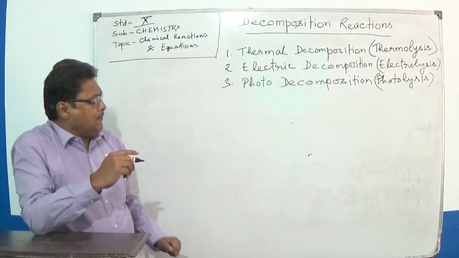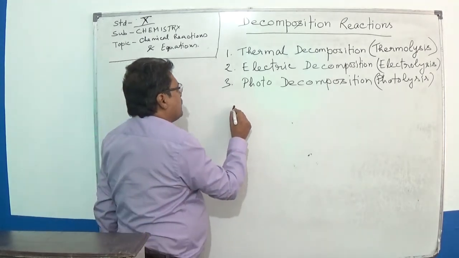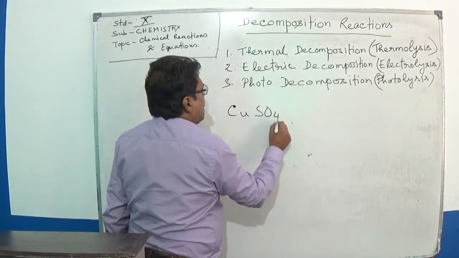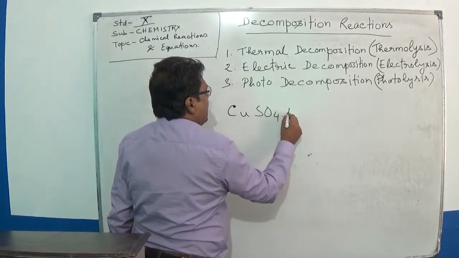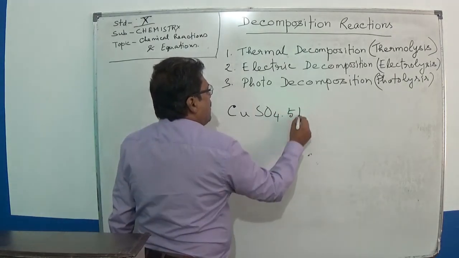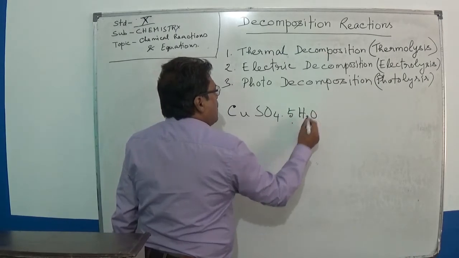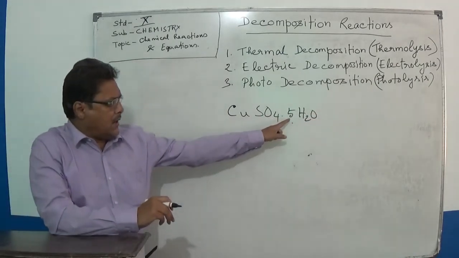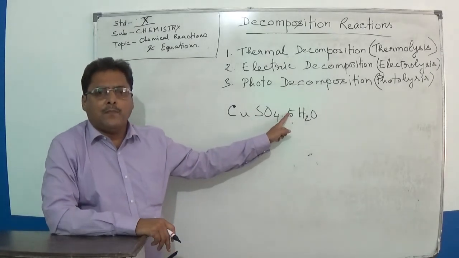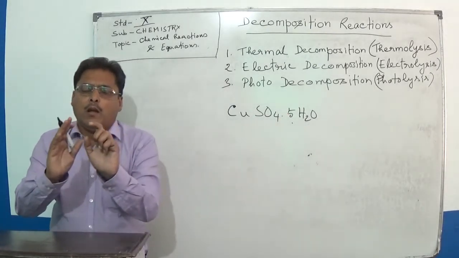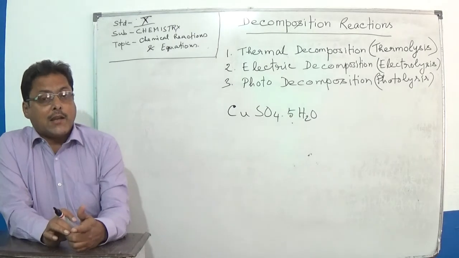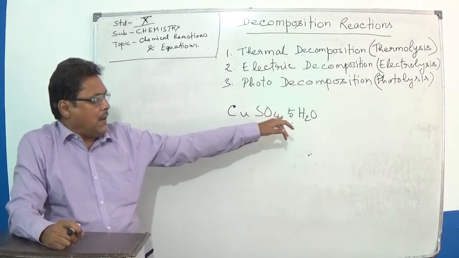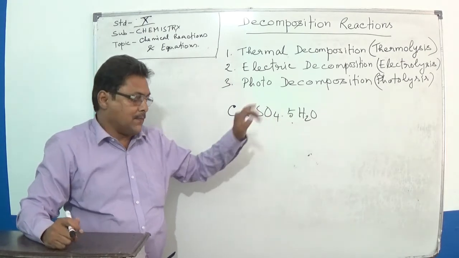Suppose we are taking copper sulfate pentahydrate. This is called pentahydrate because it has 5 molecules of water of crystallization. Actually, these are copper sulfate pentahydrate crystals.